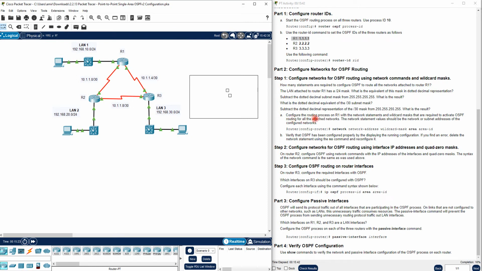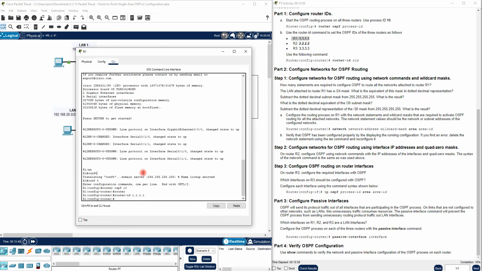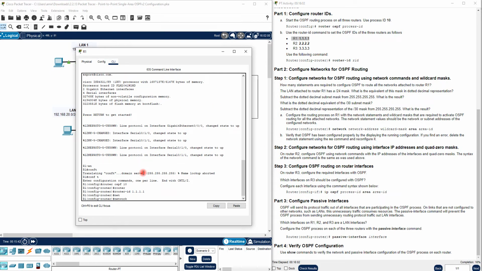Configure the routing process on R1 with the network statements and wildcard masks that are required to activate OSPF routing for all the attached networks. We should activate the network. If you write the network command here, it helps us determine which interfaces participate in the routing process for an OSPF area.